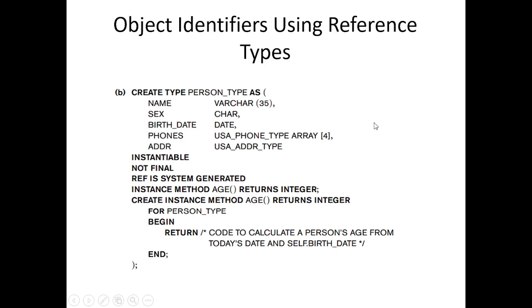Here the UDTs are non-instantiable and hence can only be used as types for attributes, but not as a basis for table creation.